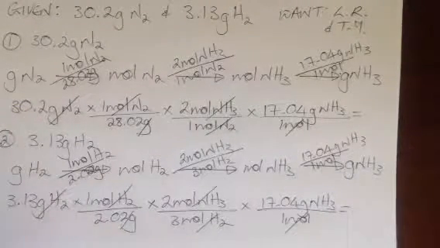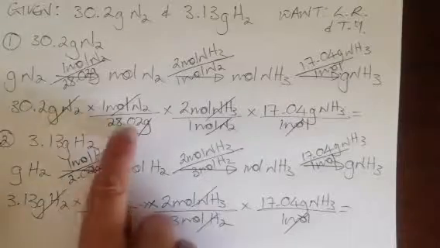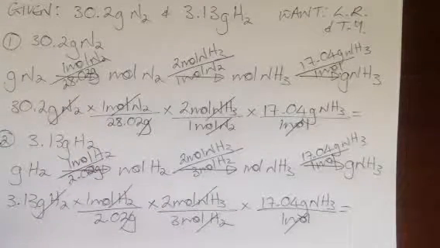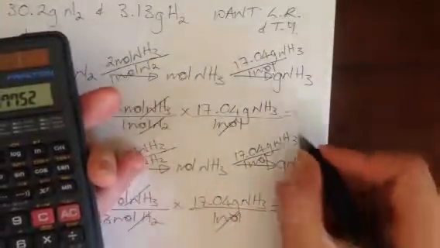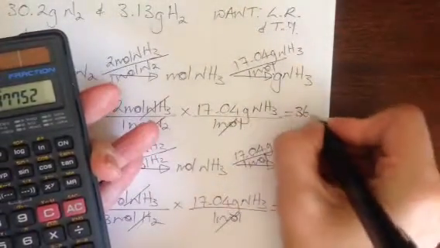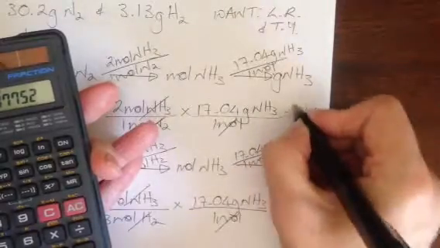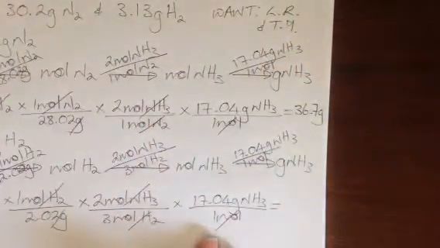I'm going to start with nitrogen first. So 30.2 divided by 28.02 multiplied by 2 over 1 multiplied by 17.04. So to 3 sig figs we get 36.7 grams of ammonia as our first answer.